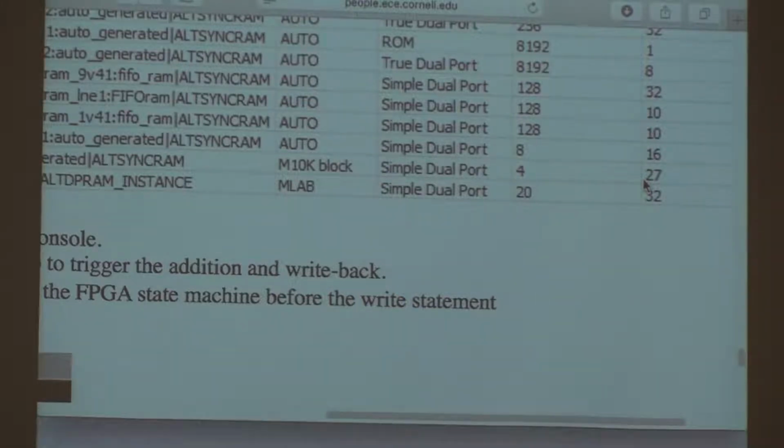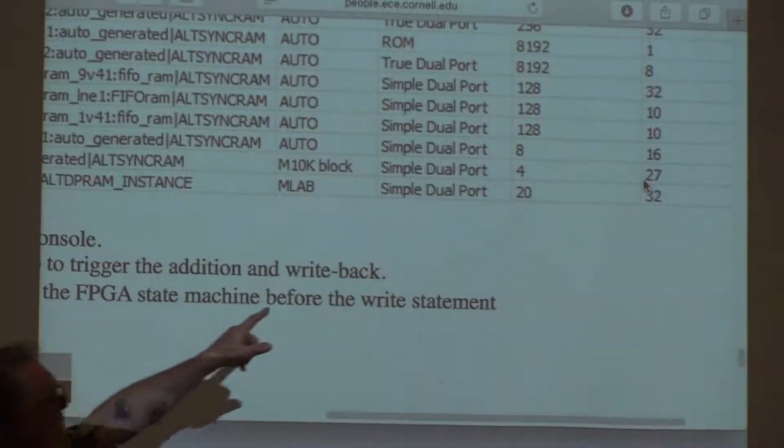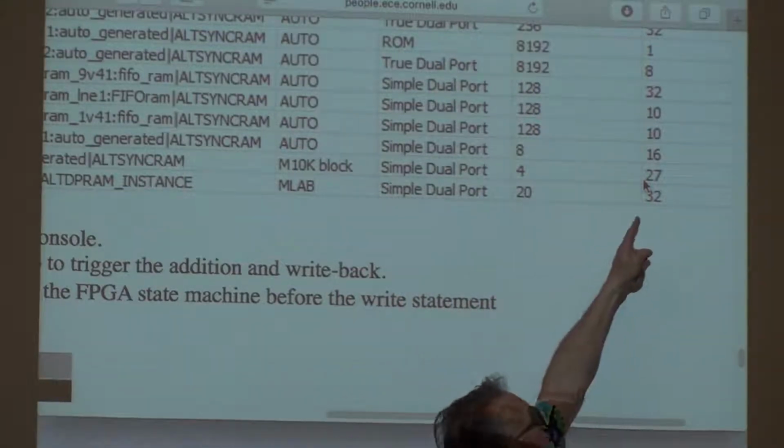So the clever compiler optimized away some of the memory. Now, in fact, it has to use at least one block. So it built the whole block, but it correctly deduced that those were the only memory addresses I was using with this many bits each.